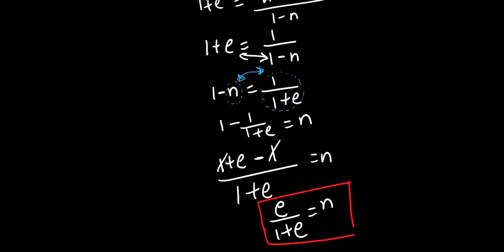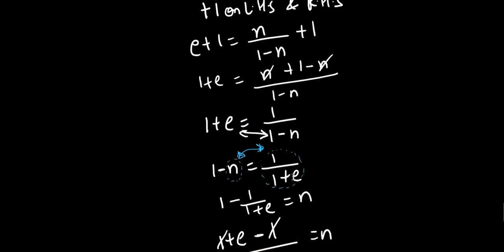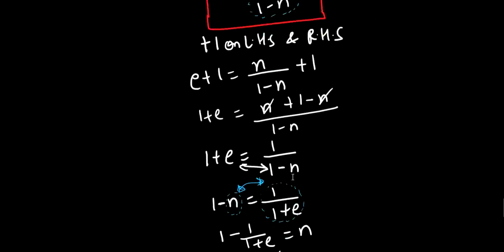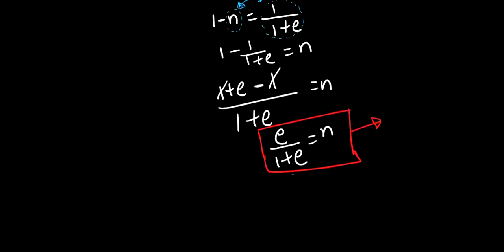Let's number this. The last number was 6, so let's number this as 7, the 7th relation. This is also an important relation.